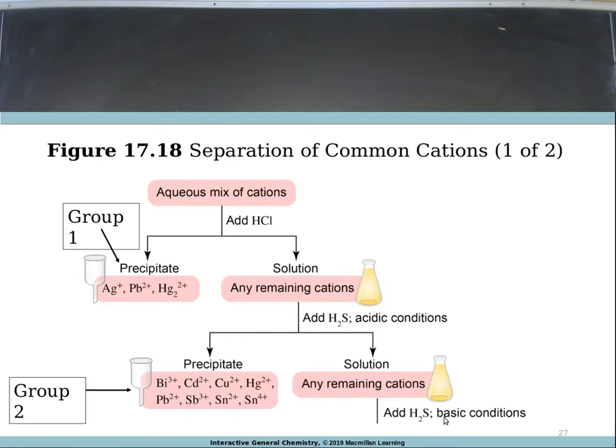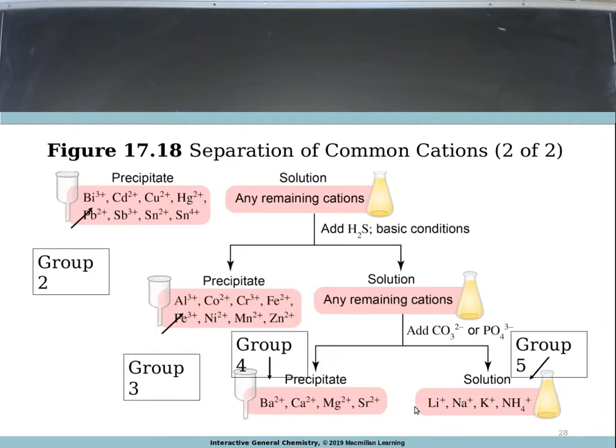Now you add something like sodium hydroxide to turn your conditions basic. You already have some sulfide in solution, but maybe you want to add some more, just in case all the sulfide was taken up forming new precipitates. So you add H2S under basic conditions. This is just continuing down our tree here.